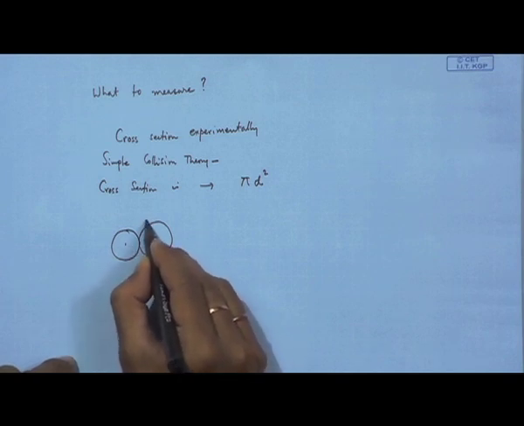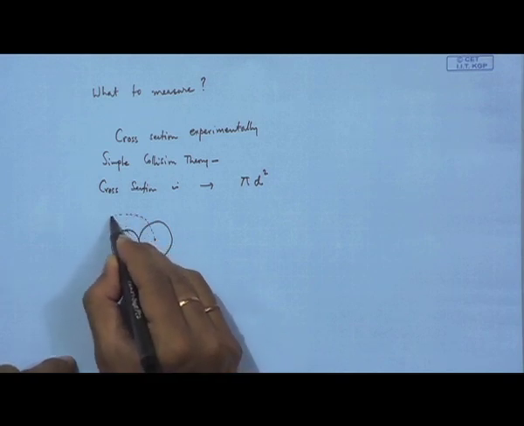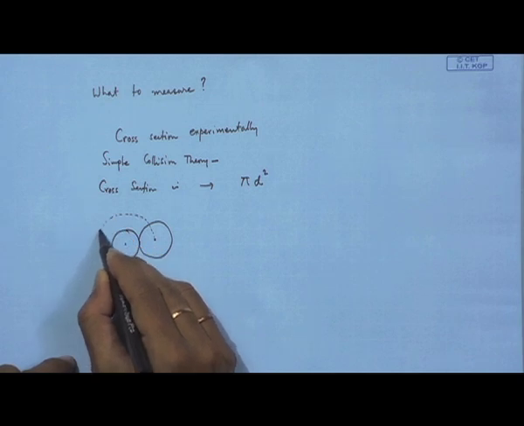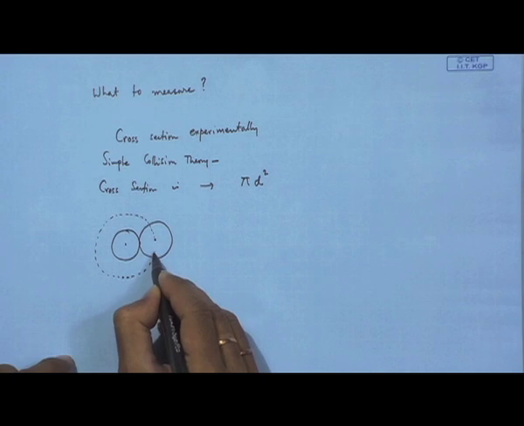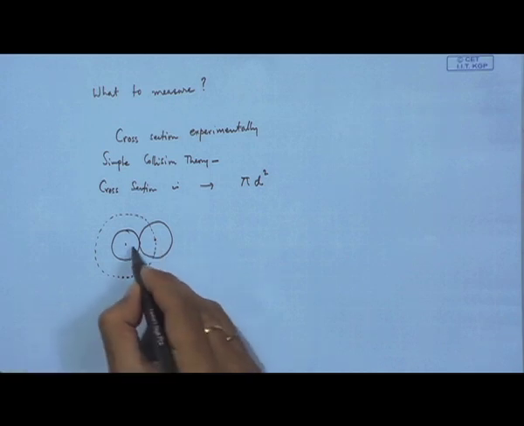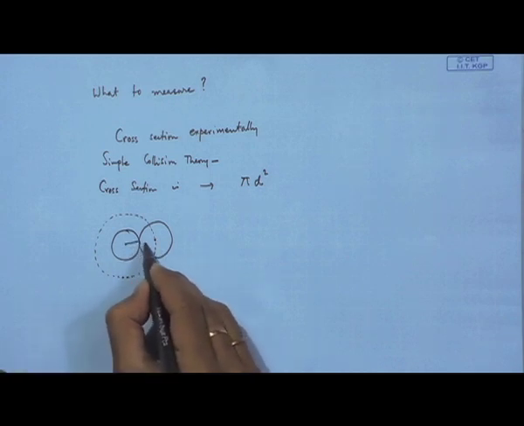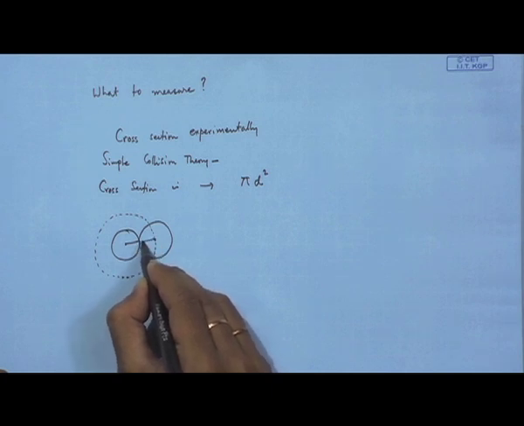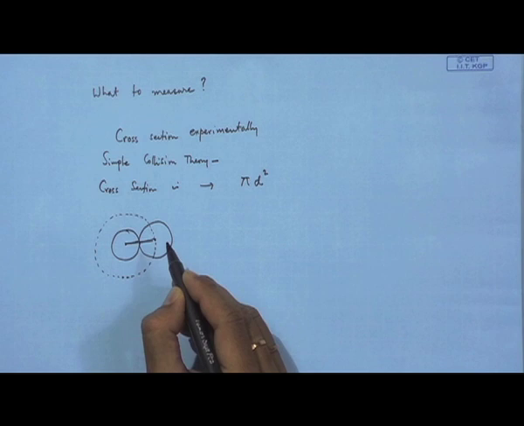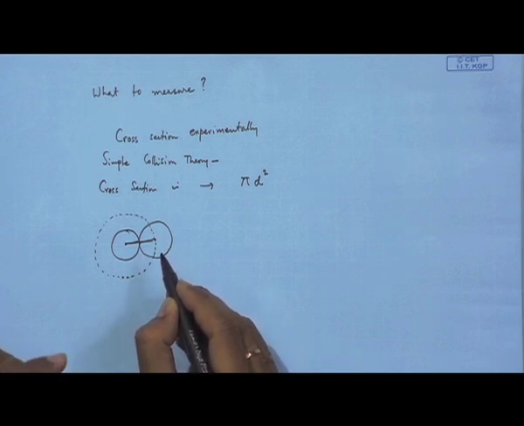So, this is your cross section. This plus that, this is your d.